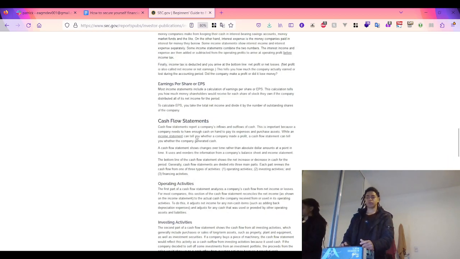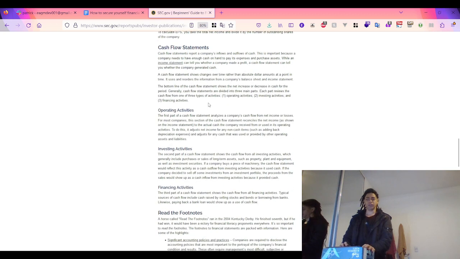So after I looked also at the cash flow statement, this statement focuses on the cash flow from three activities: operating, investing, and financing.